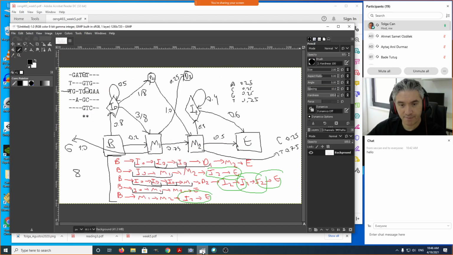Let's look at this figure. If I tell you that I'm currently at state M2 and I have observed a symbol G at state M2, which state could I have been in before coming to M2? There are only two possible states, right?